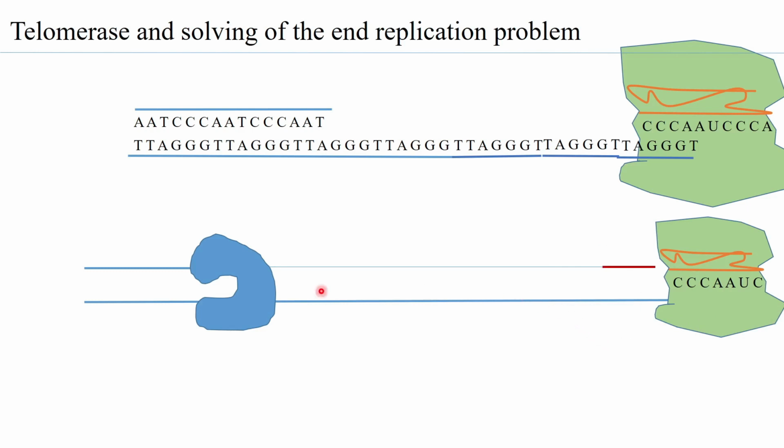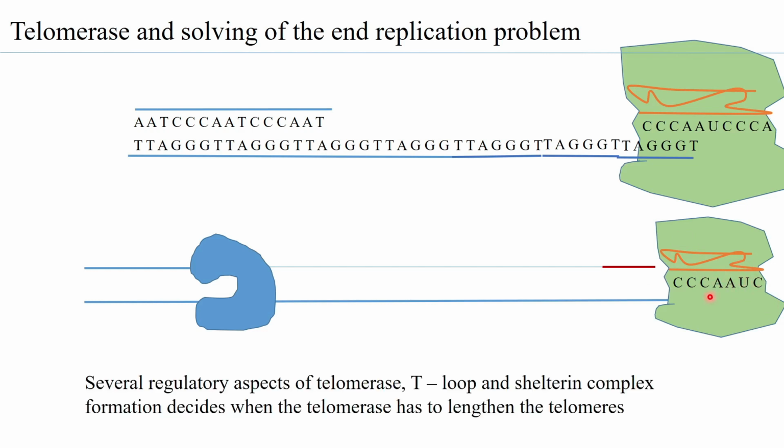So what you would definitely have is that this portion is no longer going to become shorter. In fact, it has now got extended further. So at this end again you will have an overhang which can be used by the telomerase to continue to extend the telomeric ends of the DNA. However, what has to be noted is that the telomere has a limit to which it will extend, and that is regulated.